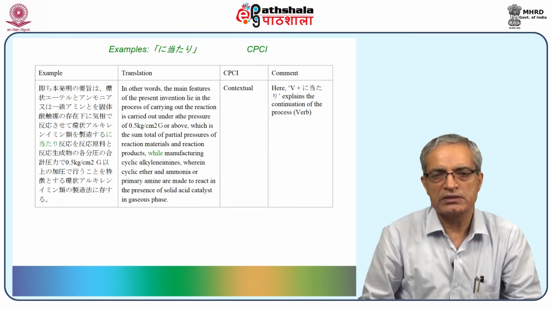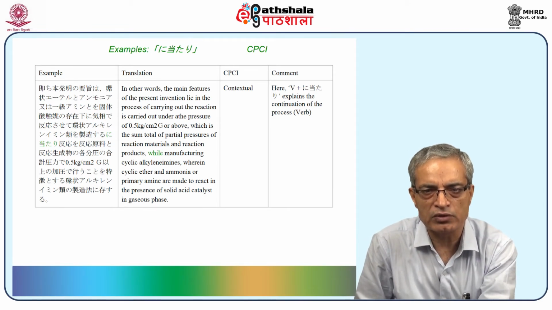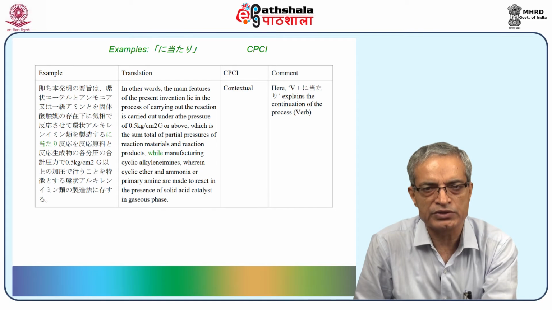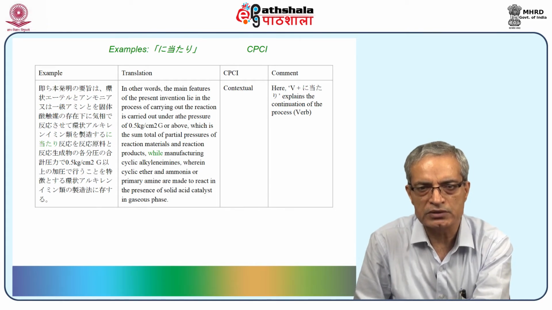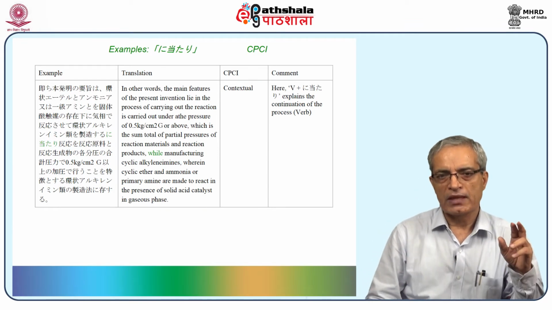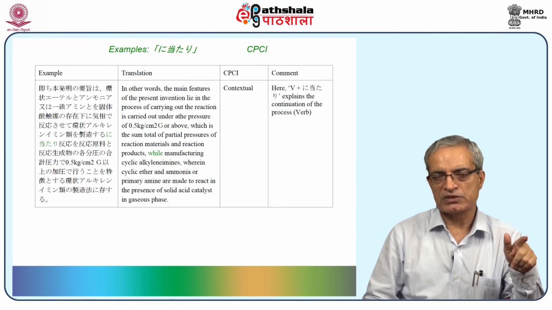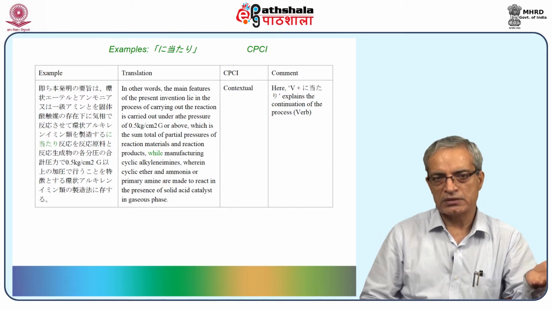And in this particular case, its translation is, if we go somewhere in the middle, you will find the sum total of partial pressures of reaction materials and reaction products while manufacturing cyclic alkaline imines, wherein, so it's coming "while", and as I said earlier in the previous slide also, this is coming from the previous component, and in this case the previous component is a verb, seizo suru ni atari. So it's contextual, coming from seizo suru.